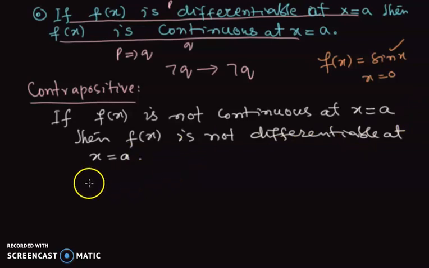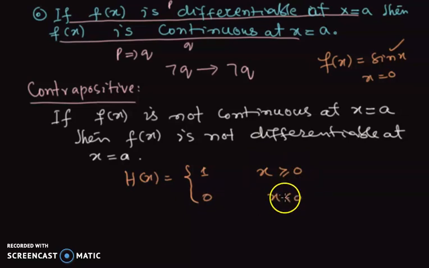For example, you can think of a Heaviside function h of x equal to 1 when x is greater than or equal to 0 and 0 when x is less than 0. So you can see that the graph of the function looks like this. It is 0 if x is less than 0, and it is 1 when x is greater than or equal to 0.